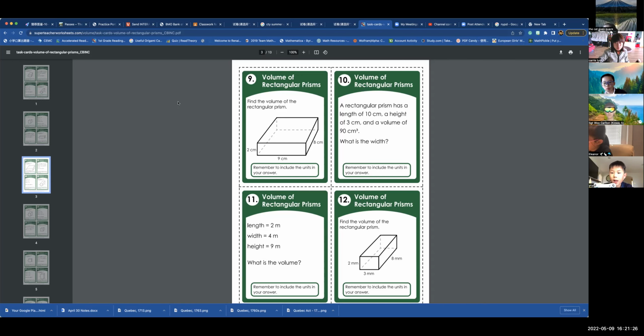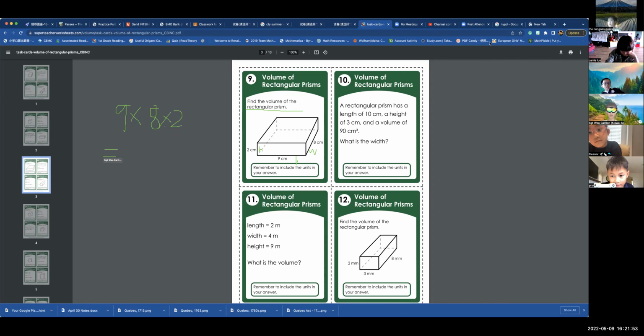哦，sorry。OK，好。Let's find the volume of the rectangular prism. We have length, width, and height. Let's just times everything together. You have 9 times 8 times 2.